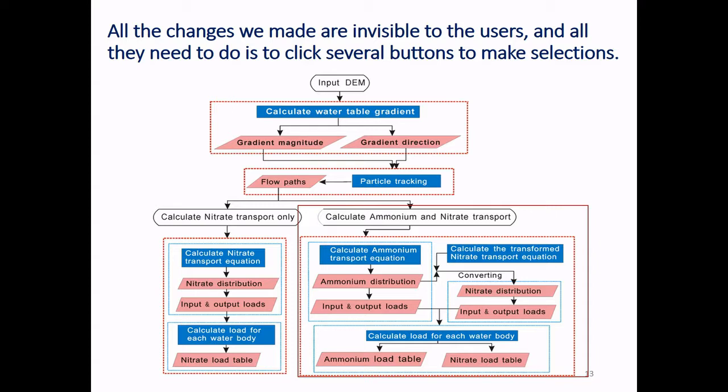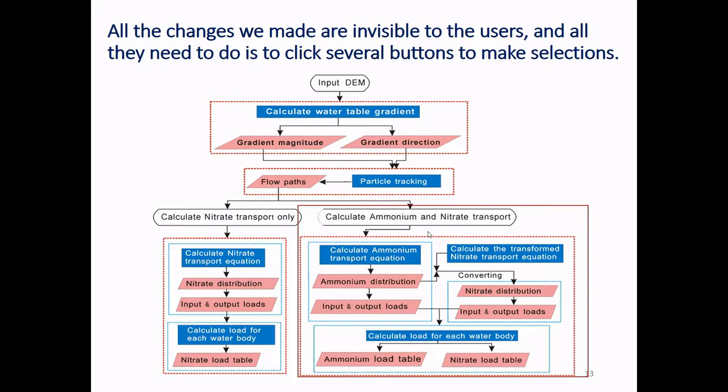So essentially, by doing this transformation, we include the reactive transport of ammonium and nitrate in groundwater aquifer. So this is vadose zone simulation. This is the flow and particle tracking. This is nitrate only. This is ammonium and nitrate.